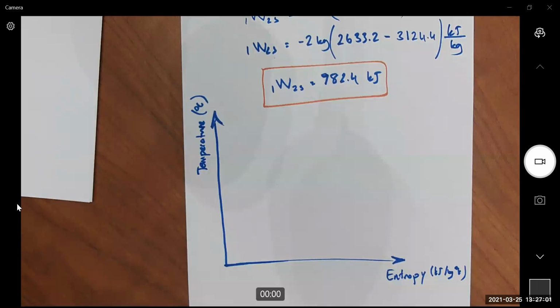And I want to show both processes, irreversible and reversible, on the same diagram.